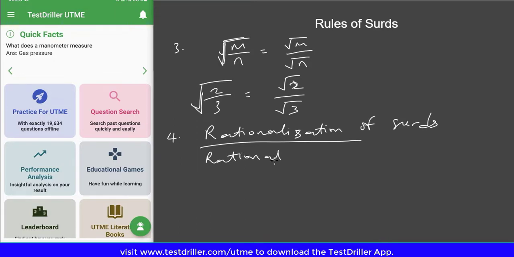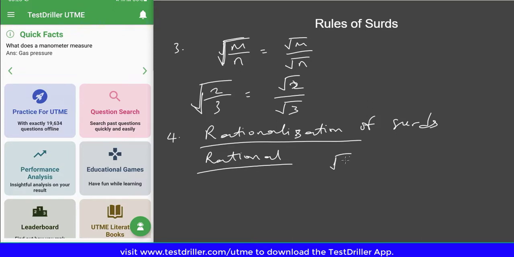And when we started this video, I spoke about rational numbers. So rationalization of surds involves you making the denominator of a given mixed or surd expression a rational number. So this is what it means.